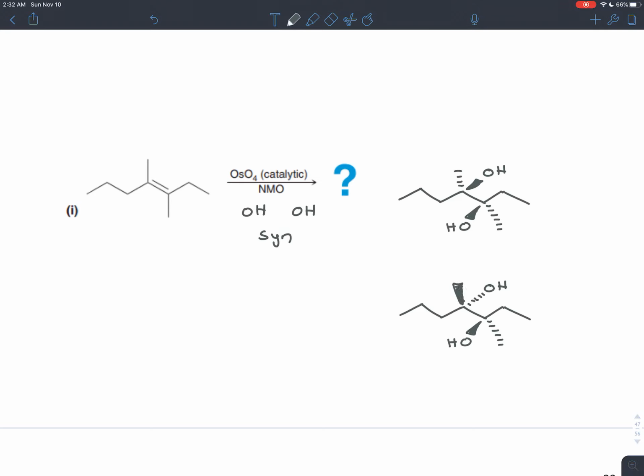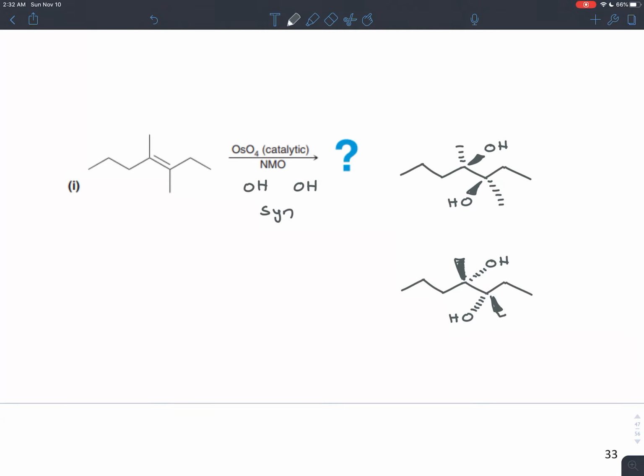All the dashed wedges turn into solid wedges. And so that is your second enantiomer. If you did this syn dihydroxylation with this alkene, you would end up with a racemic or 50-50 mixture of those 2 enantiomers.